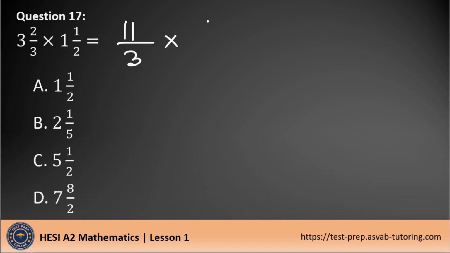So here 11 divided by 3 multiply with 3 divided by 2. So it's a multiplication. So now come to 11 multiply with 3 and 3 multiply with 2.